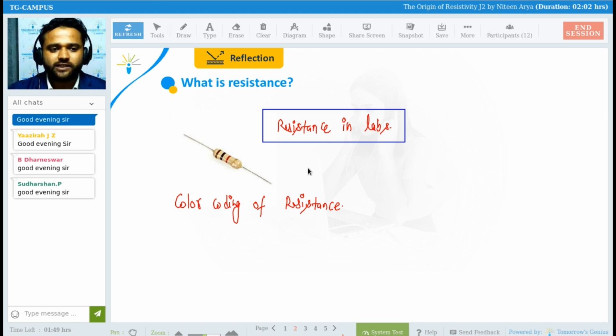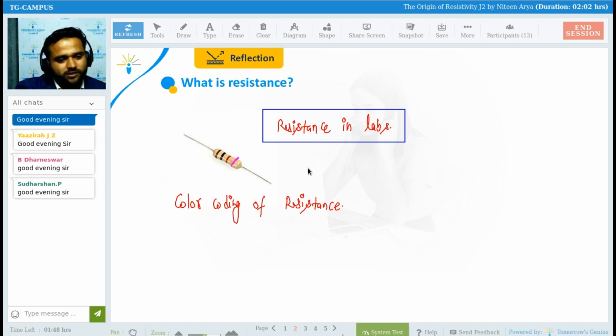The first one is for the first significant figure, the second for the second, the third for the power, and the fourth, which is not visible here, is gold. That is for tolerance. Tolerance is the error. So on the color basis, we can say how much is the resistance of that small object or instrument or symbol.